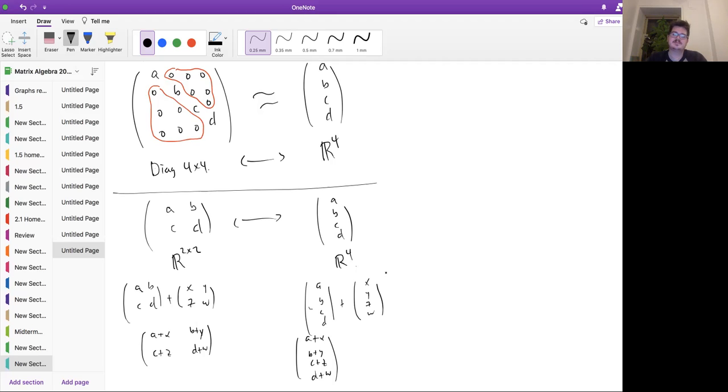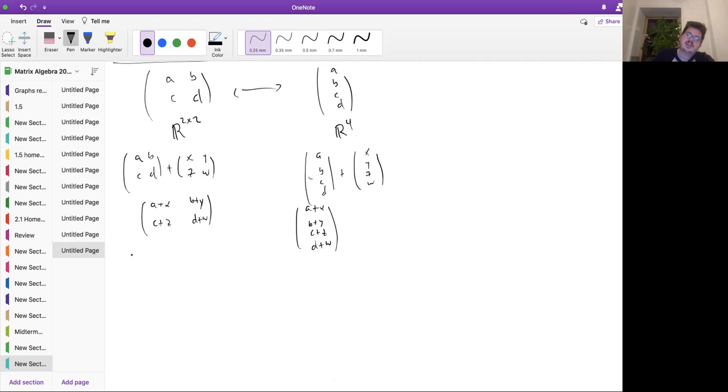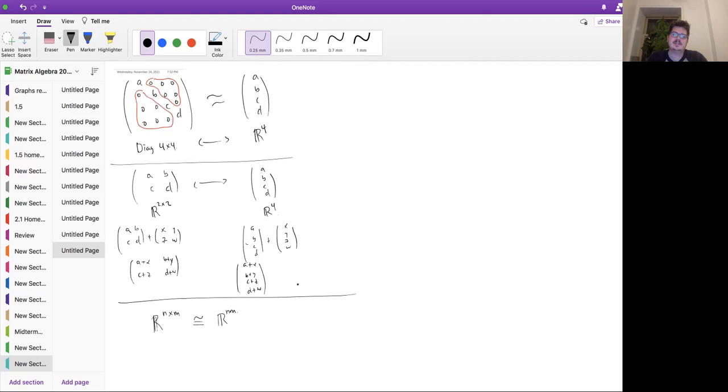But it's generally a fun fact that any square matrix is essentially the same as looking at vectors in the product of the dimensions, except for diagonal, right? Because those zeros go away.